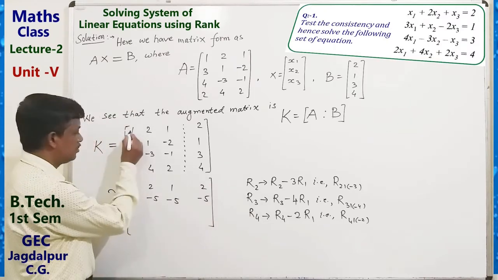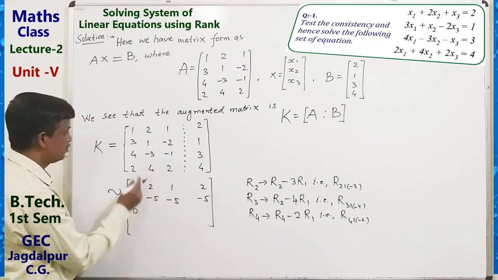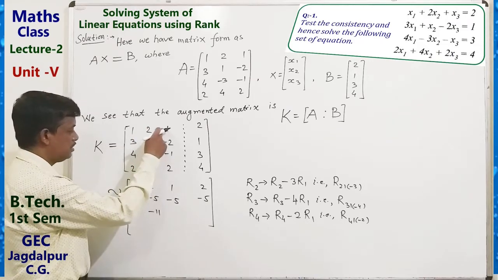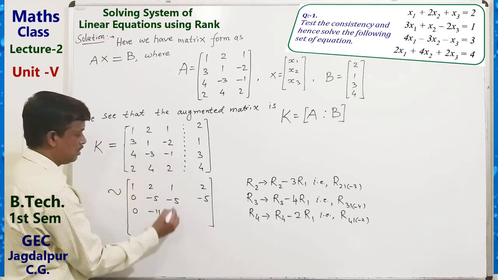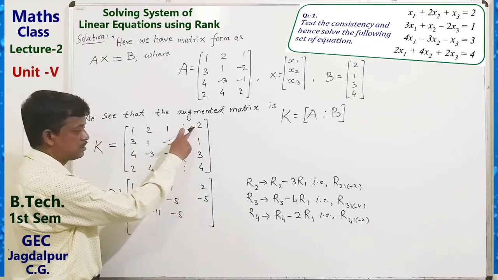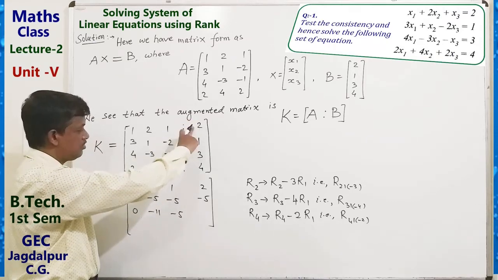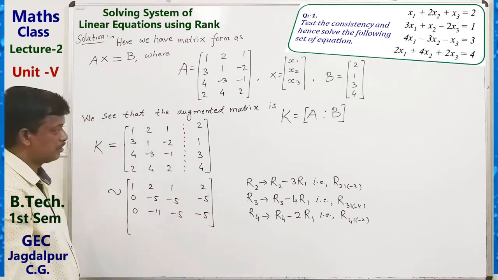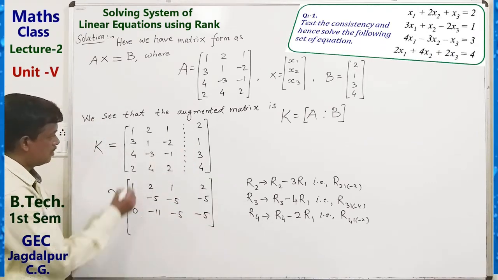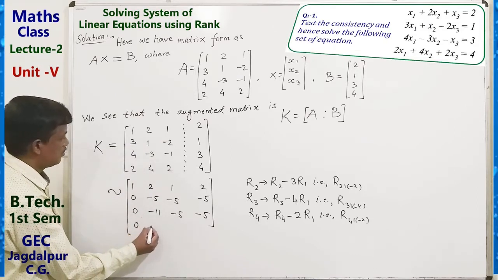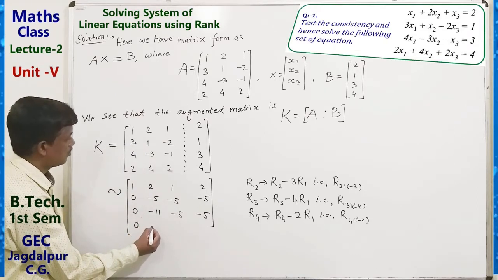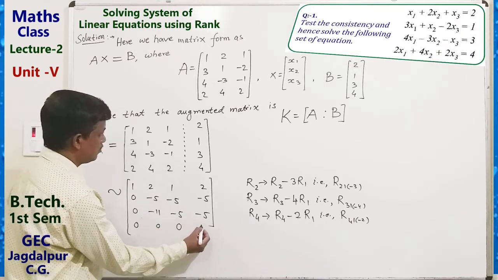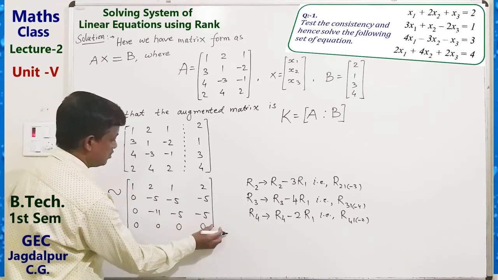Okay, here 4: 0, minus 8, minus 11, minus 4, minus 5, minus 8, minus 5. Now this 2: 0, minus 4, 0, minus 2, 0, minus 4, 0. So we are getting this.